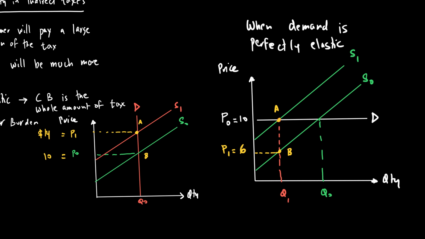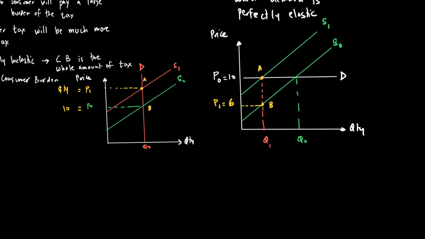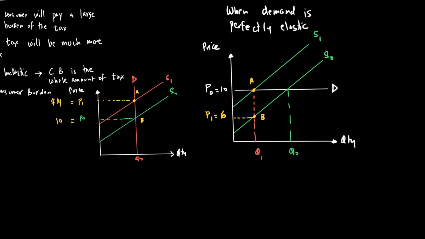What we can see in these cases is this, that the price changed by the whole amount of the tax, and therefore consumer pays the whole amount of the tax. The price did not change at all before or after tax, and therefore producer pays the whole amount of the tax. And therefore we can make some conclusion about it, that if the PED of demand is 0, this means perfectly inelastic.